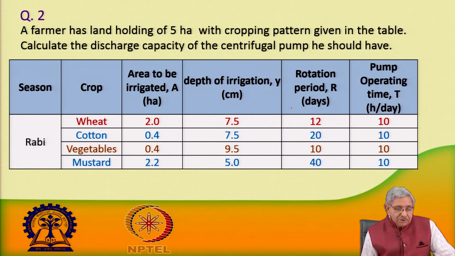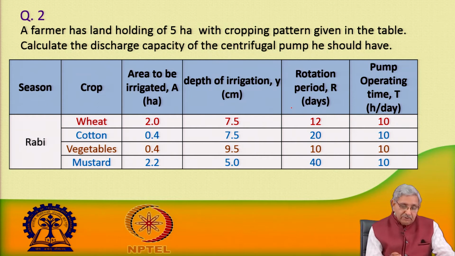Now, in another question, we want to know what should be the capacity of the centrifugal pump. A farmer has a land holding of 5 hectare with the cropping pattern given in the table. He is growing wheat, cotton, vegetable and mustard, and the total area is 5 hectare.